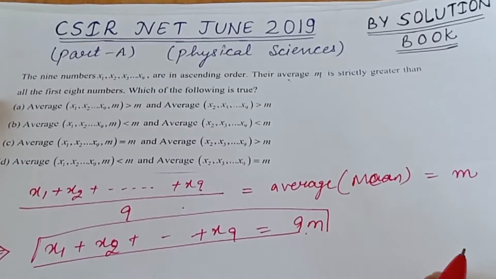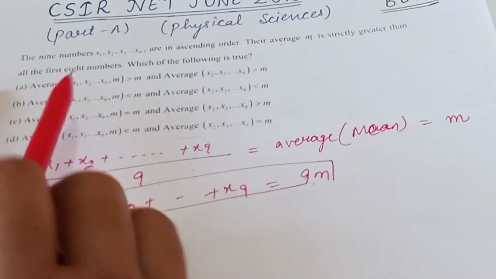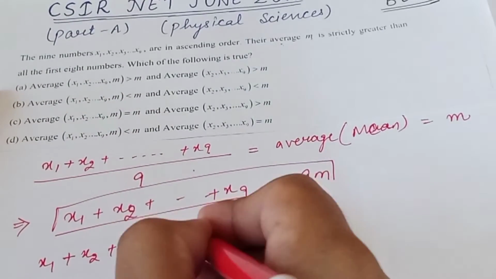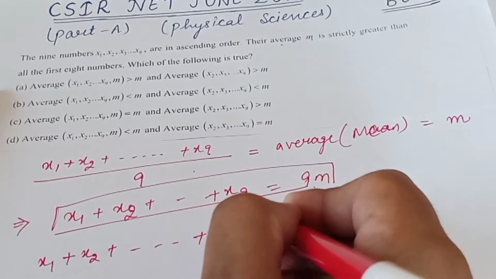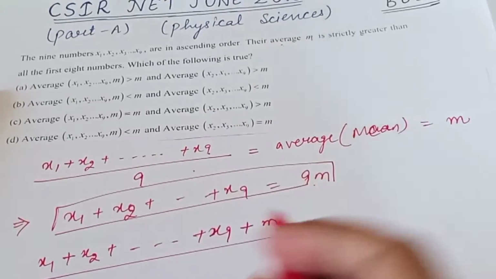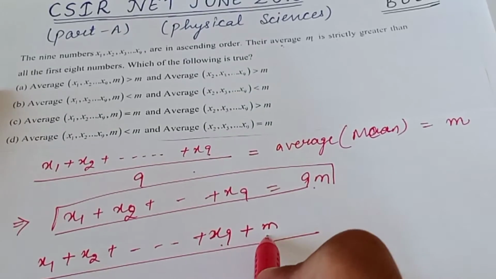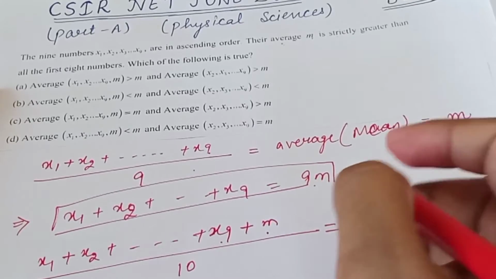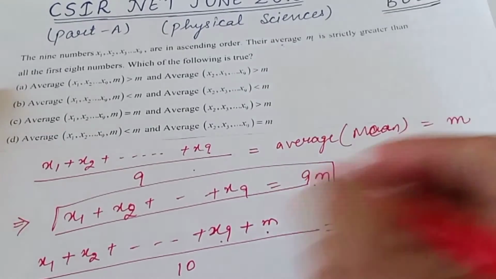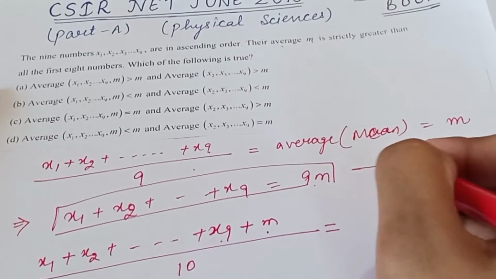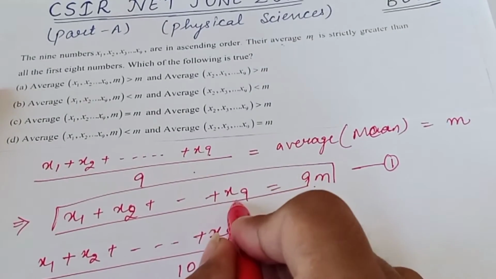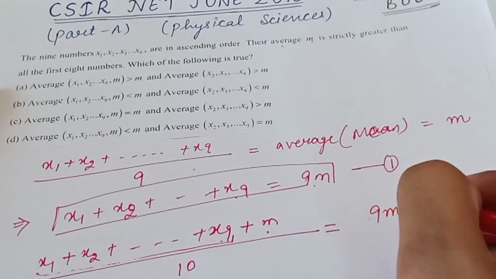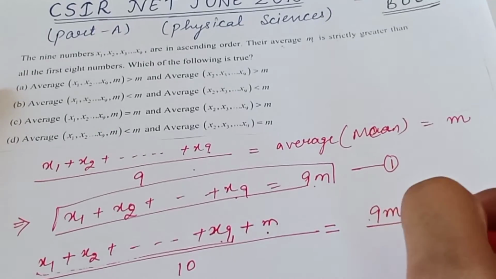When we find the average of x1 plus x2 up to x9 plus m, now we have 10 numbers, 1 to 9 are these and the 10th is this one, so divided by 10. We substitute x1 plus x2 up to x9 here, which gives 9m plus m upon 10.